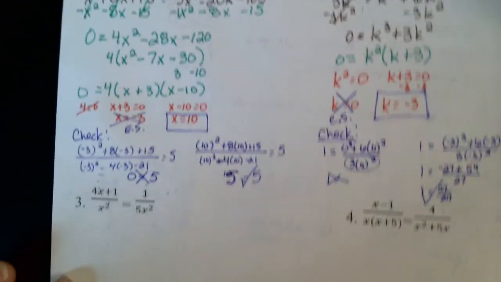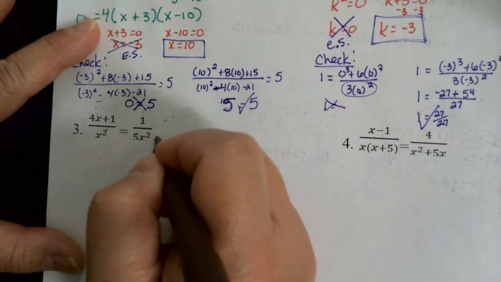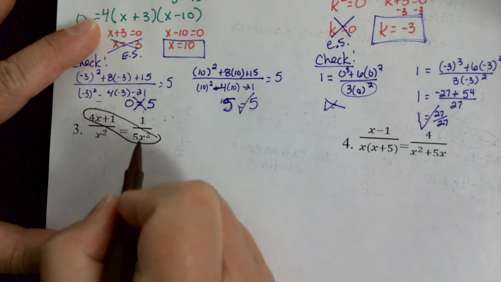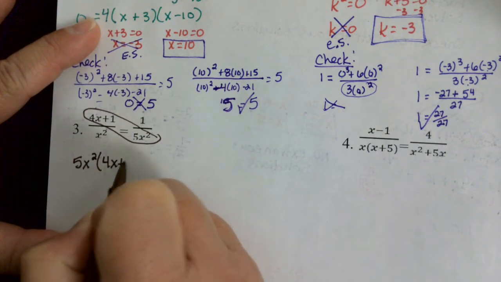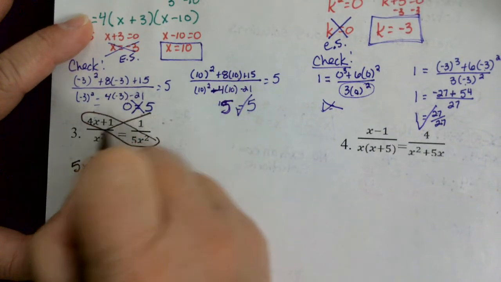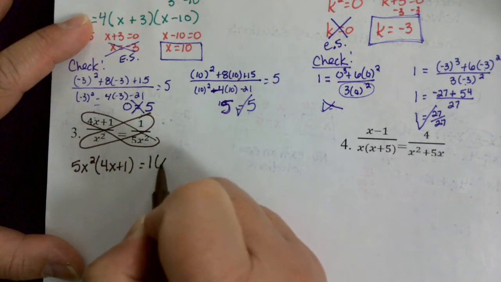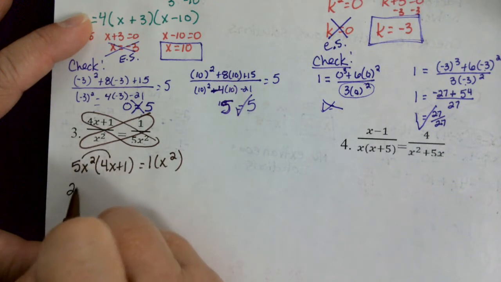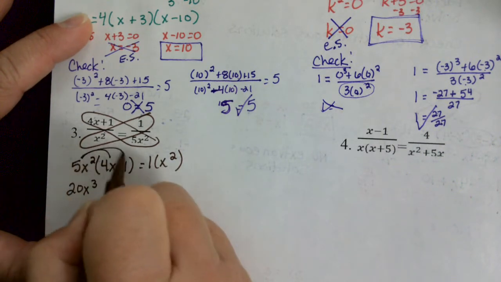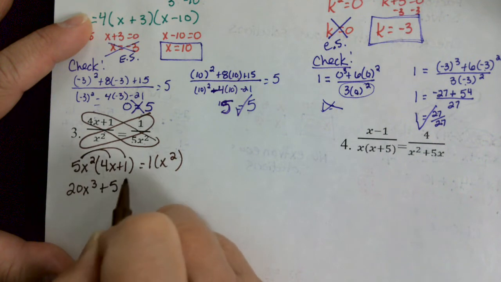All right. Example number 3. Cross multiplying, I get 5x squared times 4x plus 1. And here I get 1 times x squared. So distribute, that gives me 20x to the third plus 5x squared.